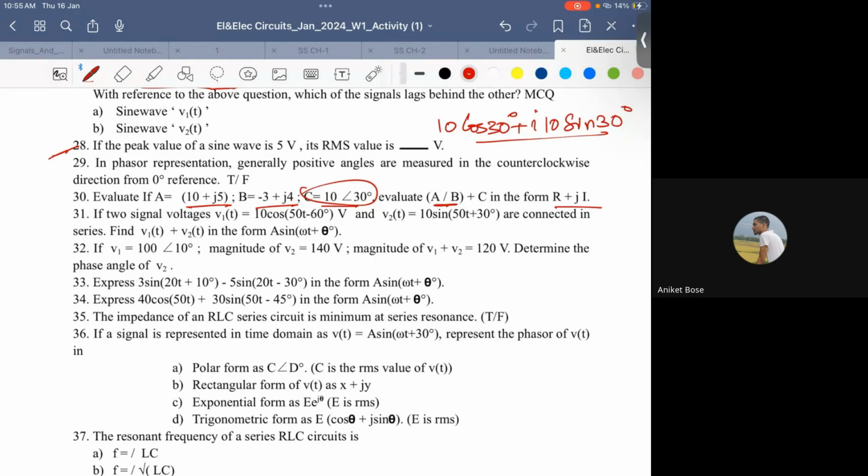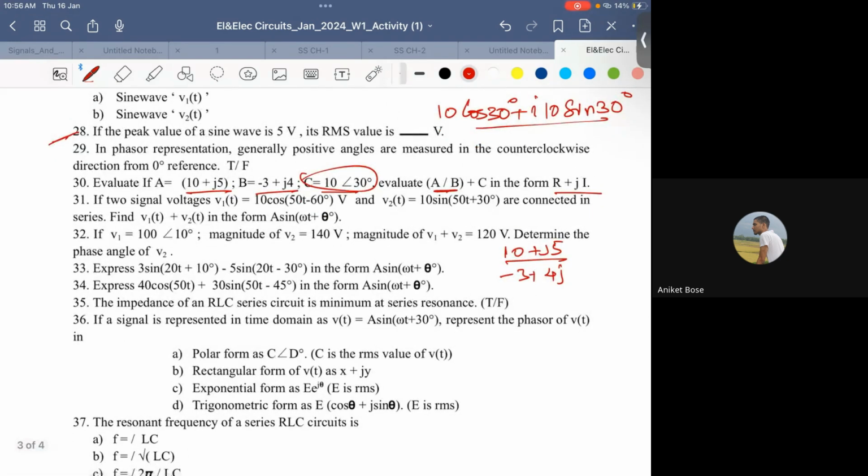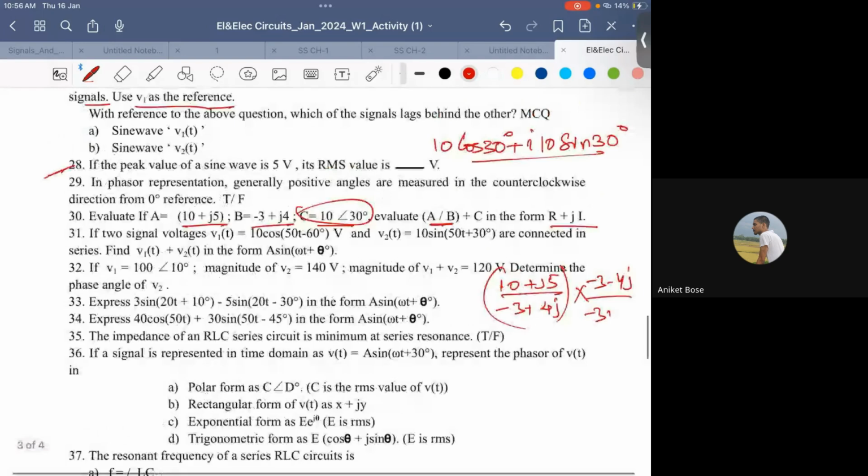I have to do 10 plus j5 upon minus 3 plus 4j. How do you calculate? You can just multiply with minus 3 minus 4j, and you'll get it. Or whatever he said is a better way to calculate it, just to write it in that form.